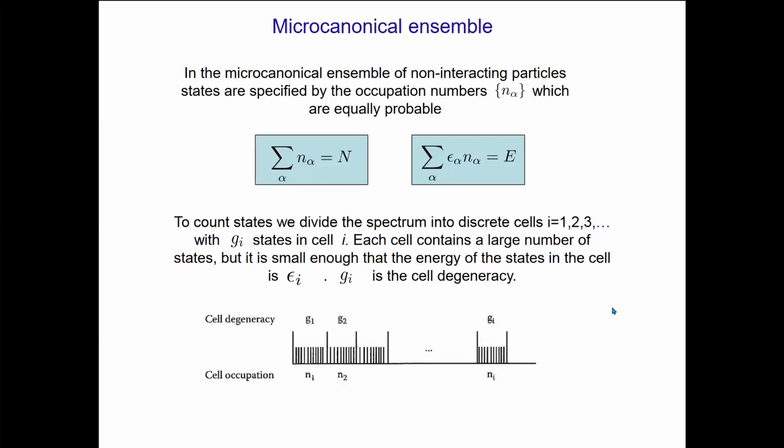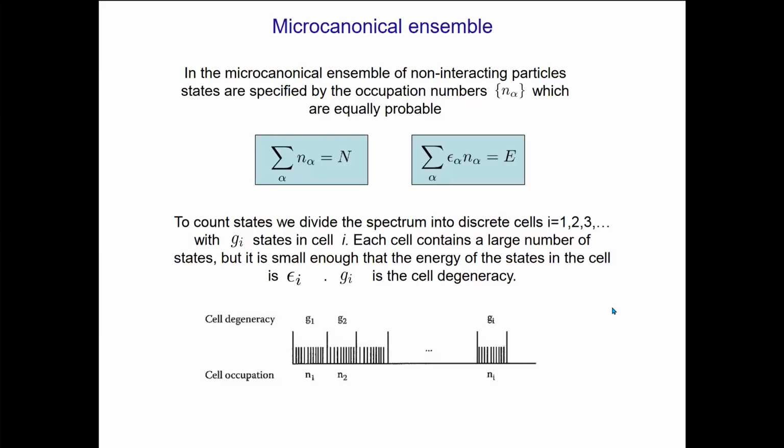And what we would like to do now is reconsider our microcanonical ensemble, which we introduced earlier, using this idea. So let me remind you that in the microcanonical ensemble of non-interacting particles, we now specify states.